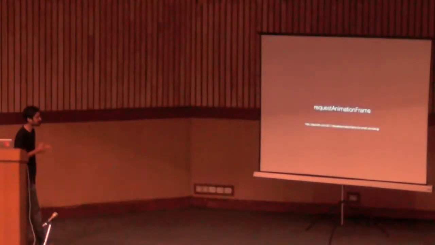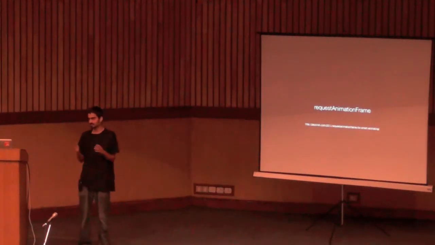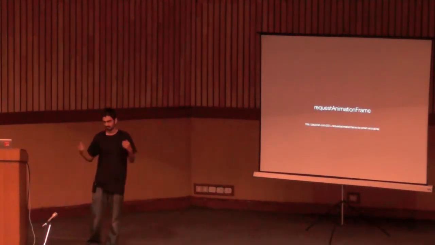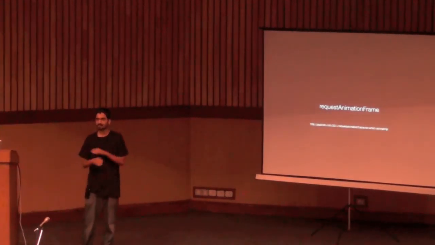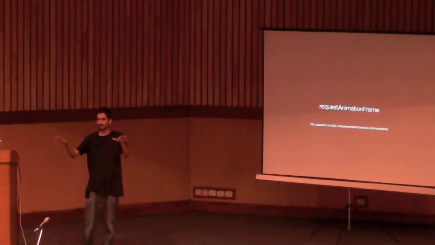Step number 3 is something that came out last year. It's called the Request Animation Frame spec, part of HTML5. So it turns out in animations, you do it in a particular way. You run one step, change the state of all the objects that are being animated, run another step, move a little bit, little bit, little bit.